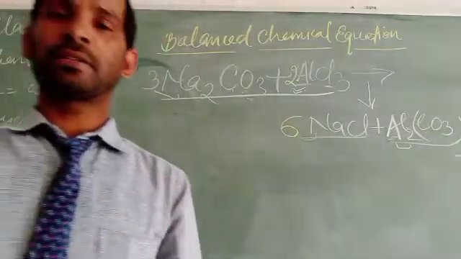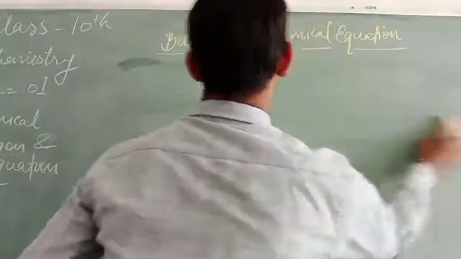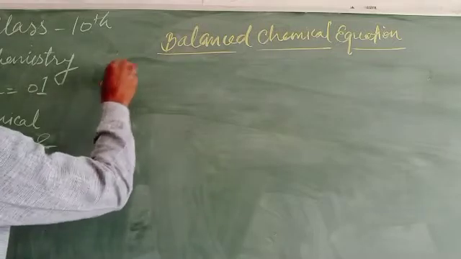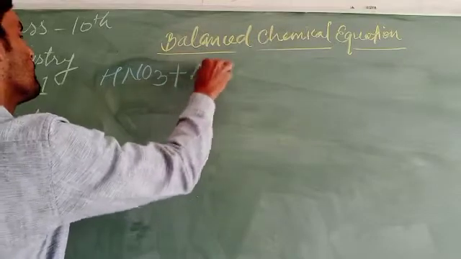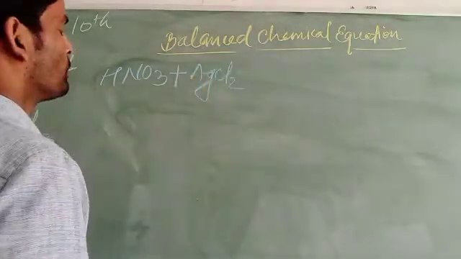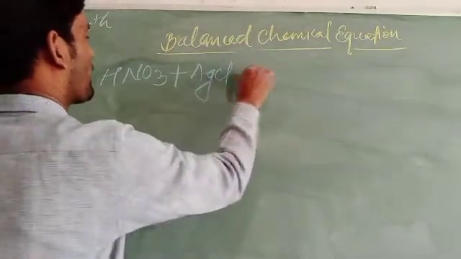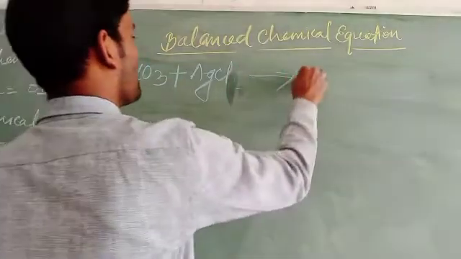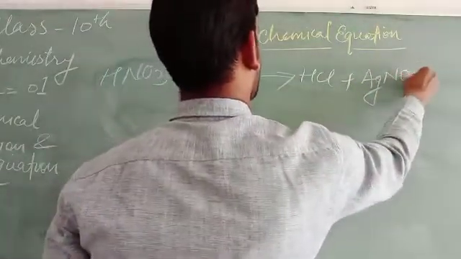In the next example we can see about the balancing. HNO3 plus AgCl, and here we'll have to write HCl plus AgNO3.